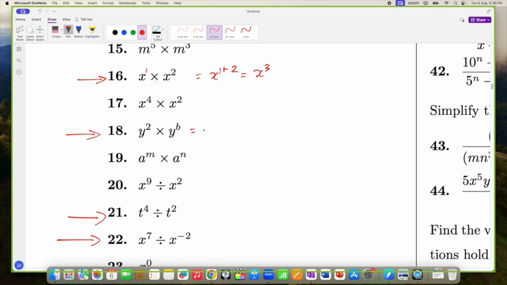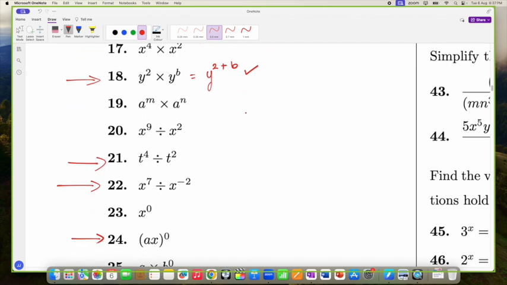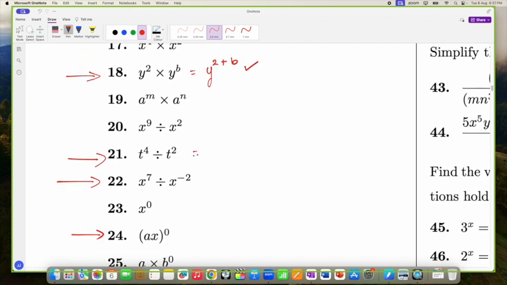Over here, I have y to the power of 2 plus b, and I can't do anything with that. I can't add 2 and b together. So this is the answer. Just leave it so, right? Over here, I'll have t to the power of 4 minus 2, which is t to the power of 2.